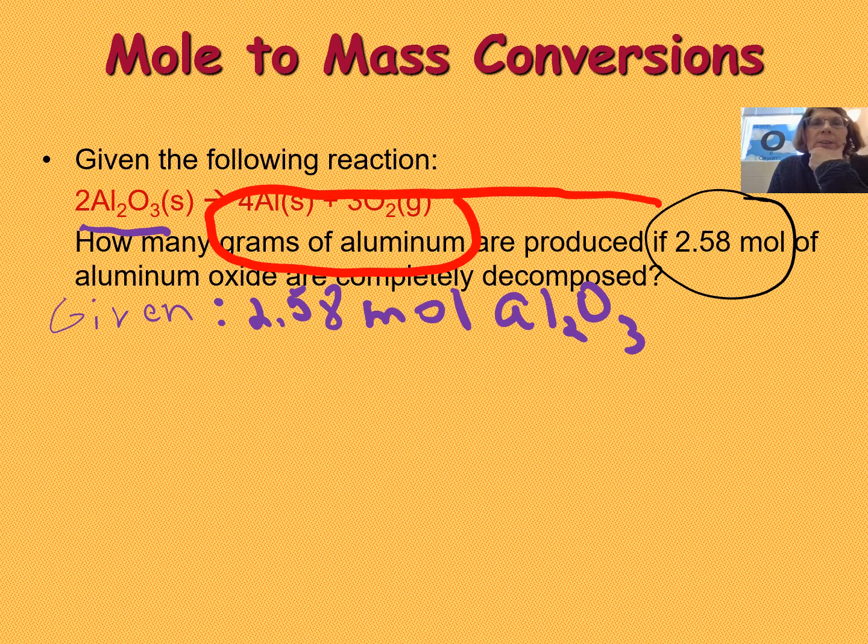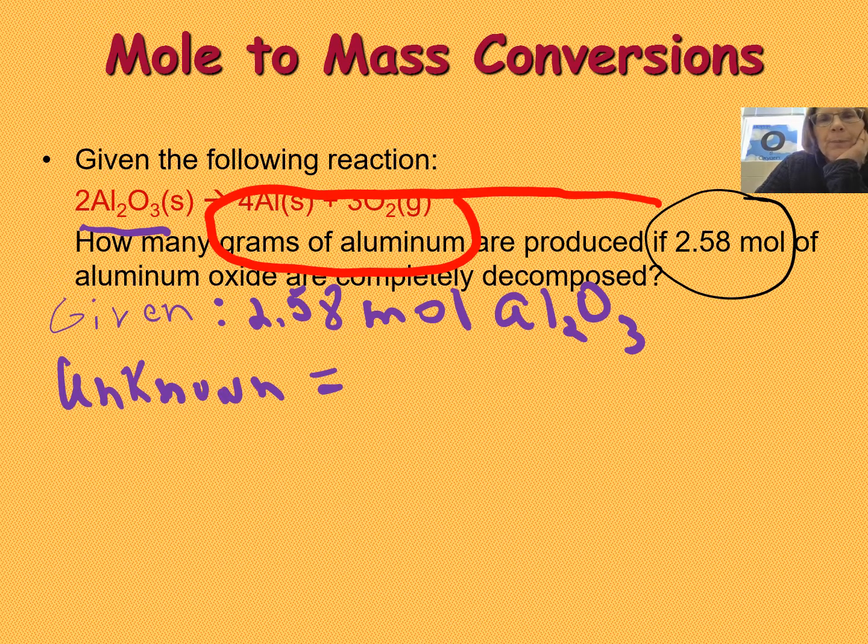And then we're going to aluminum, so our unknown is grams of aluminum. So we have to figure out how we're going to get there by our roadmap, okay?